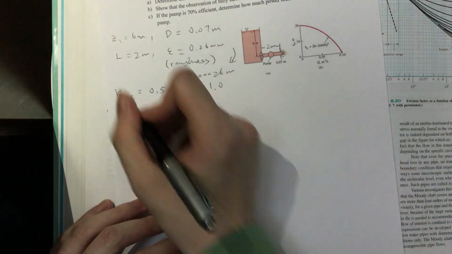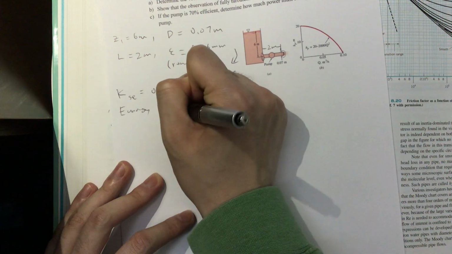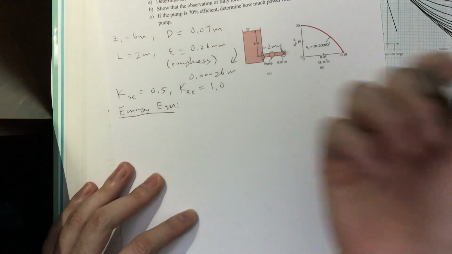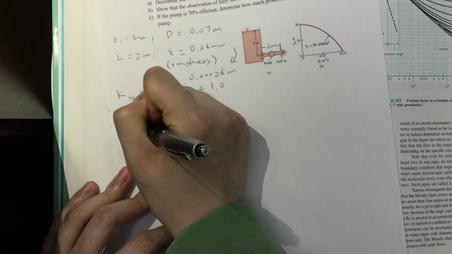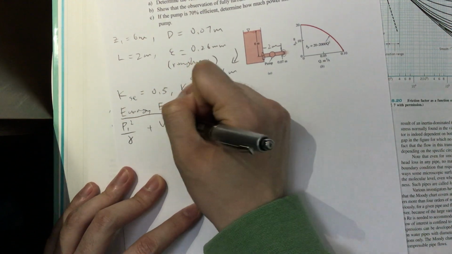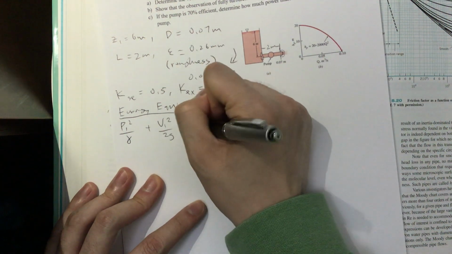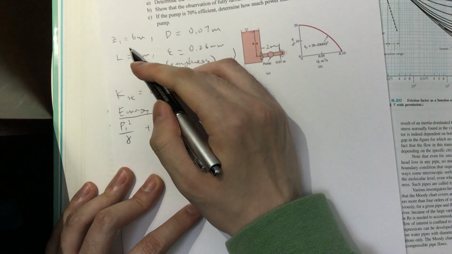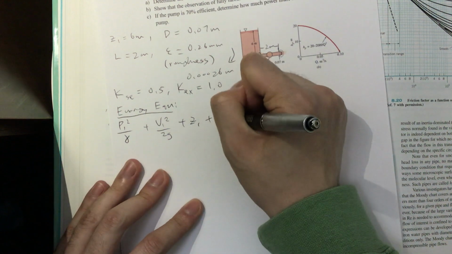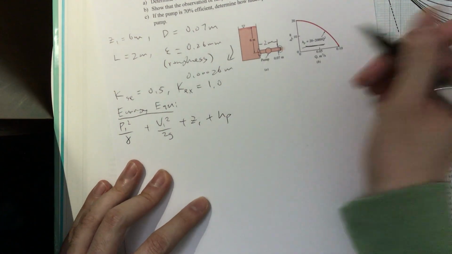So let's start with the energy equation. You guys know what the energy equation is. P1 over gamma plus V1 squared over 2g plus Z1, 6 meters, plus HP, our head pump equation. We're going to put that in later.